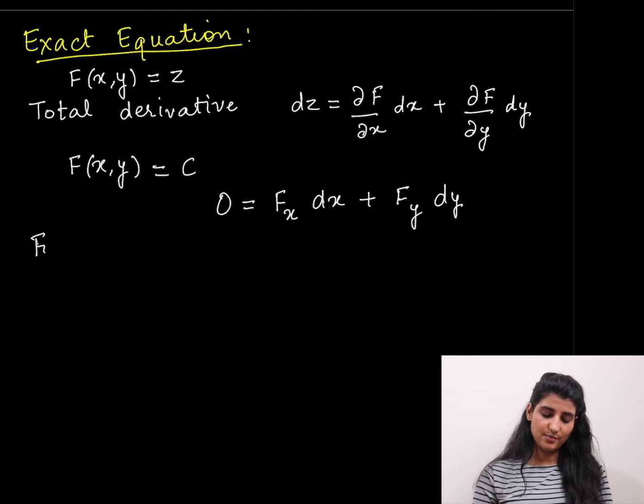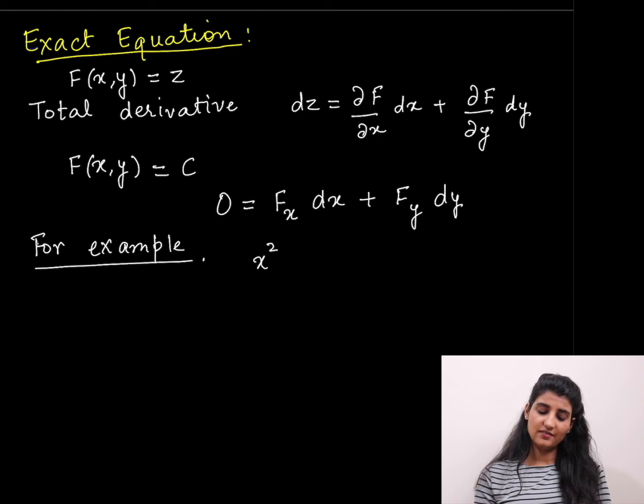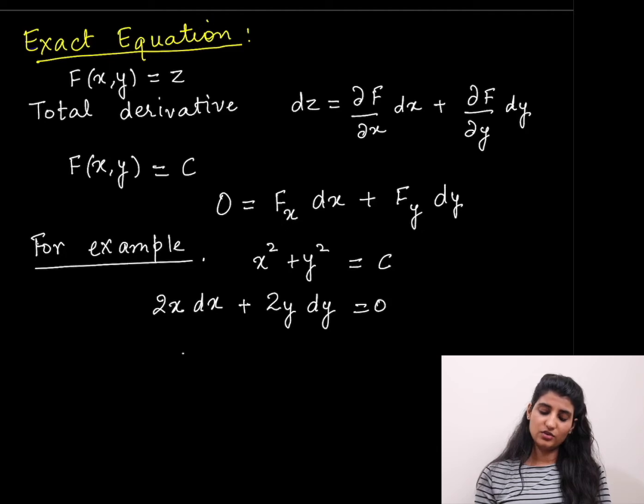So for example, let's take a very simple example. If we are given x squared plus y squared equal to a constant, and we take the total derivative, it will reduce to the differential equation: the partial derivative with respect to x times dx plus the partial derivative with respect to y times dy equal to 0.